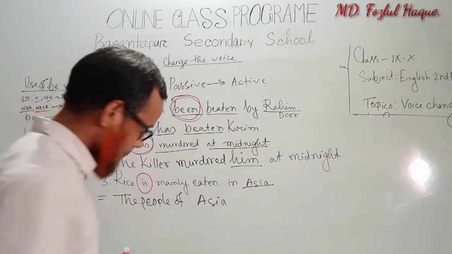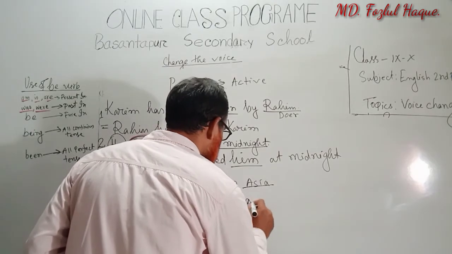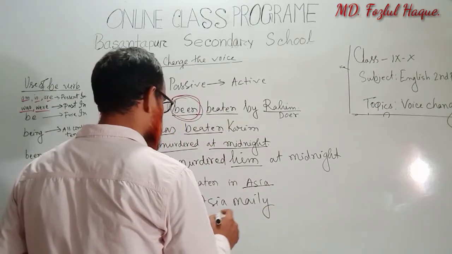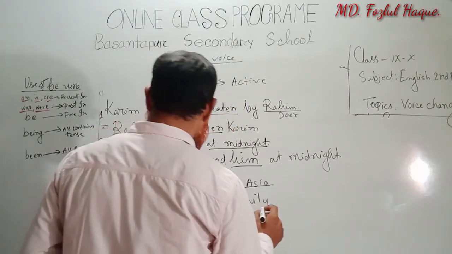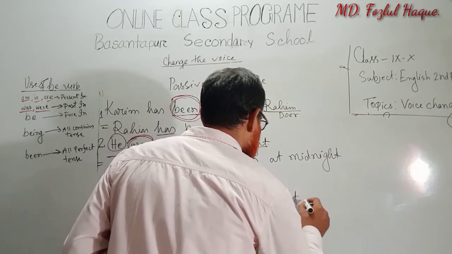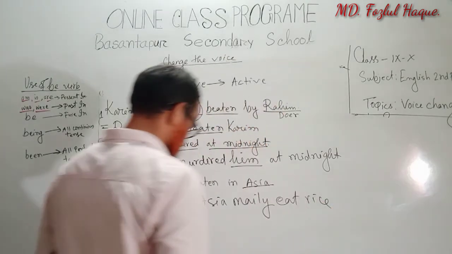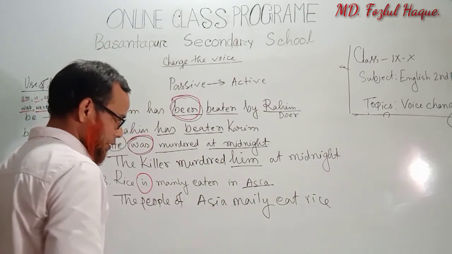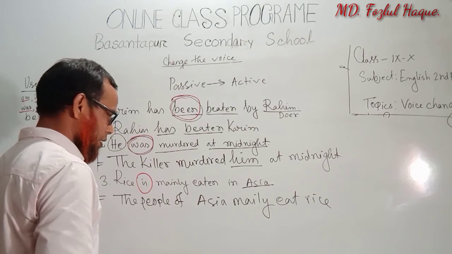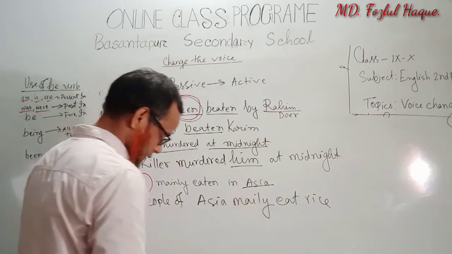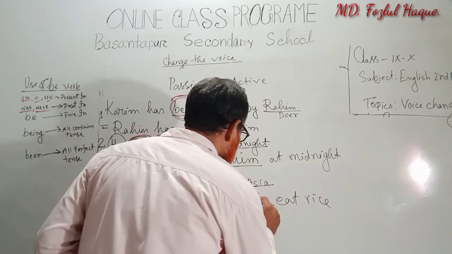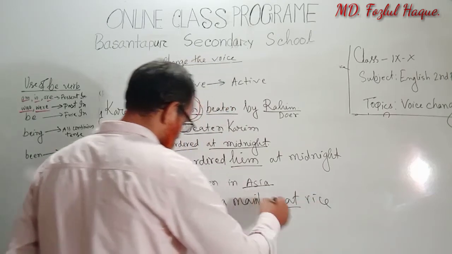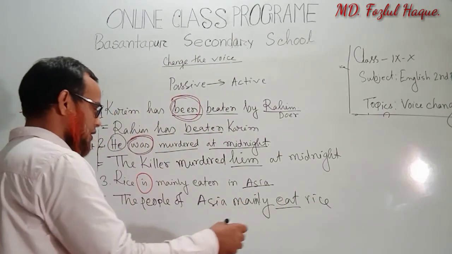Mainly, adverb, mainly eat rice. Here after the subject we use an adverb, mainly, then we use the verb in present form, so it is present tense, and the be verb is omitted here.